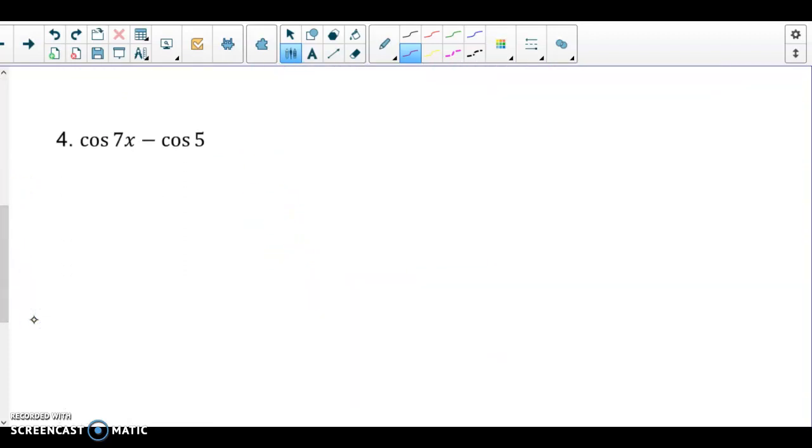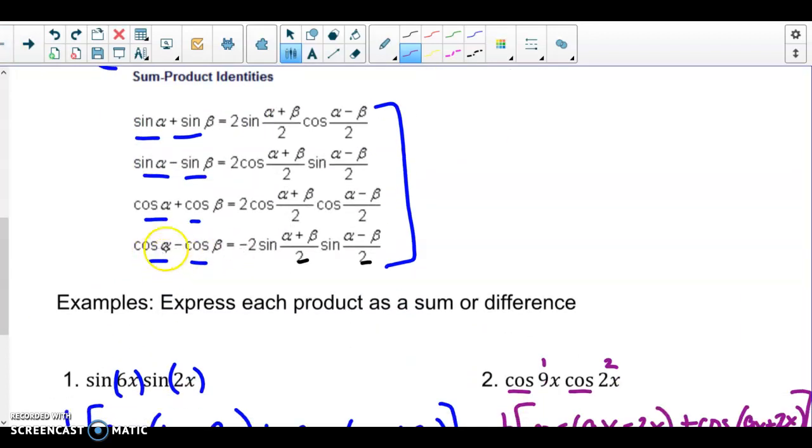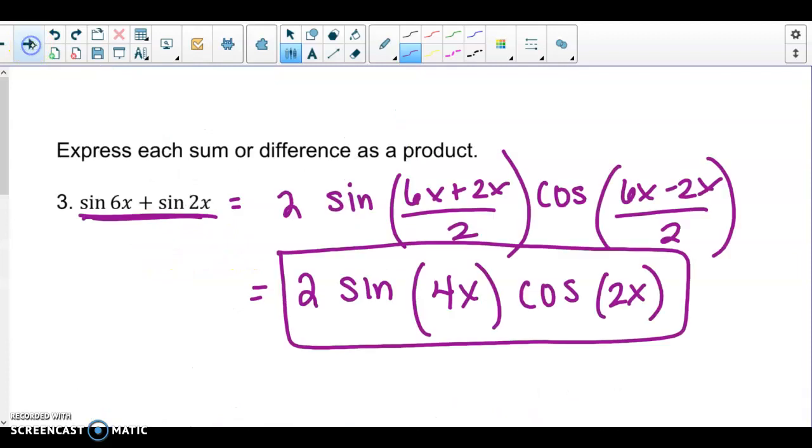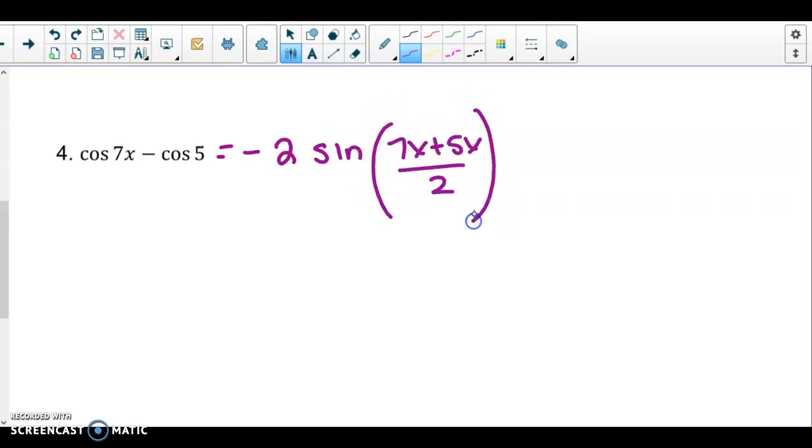Let's do one more. Let's do a difference. Let's do cosine minus cosine. If you look back at those formulas, it's the only formula that has a negative in the front. Cosine minus cosine has a negative in the front, which is why I put it up here for us to discuss. So this is the same thing as negative 2 times sine of the angles being added, so 7x plus 5x divided by 2, sine of the angles being subtracted divided by 2.